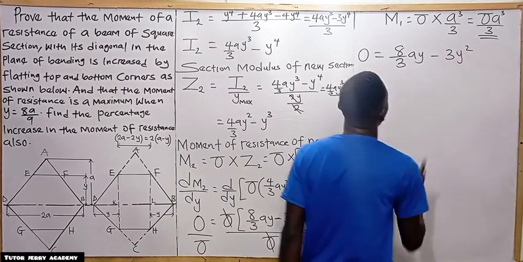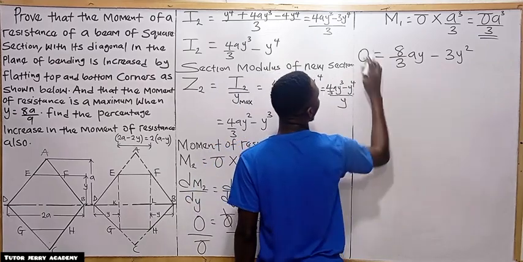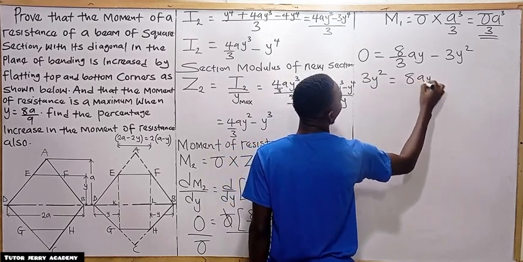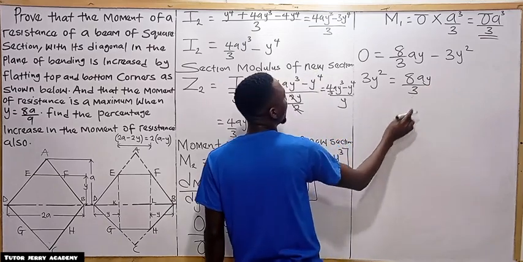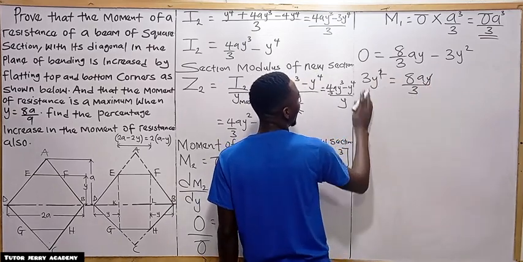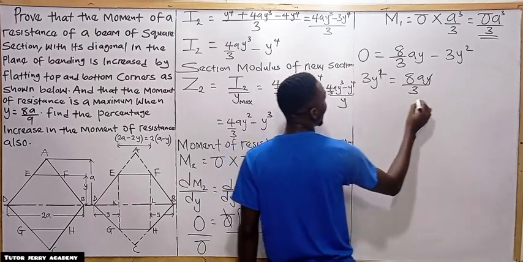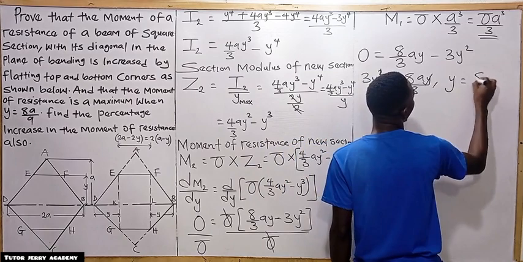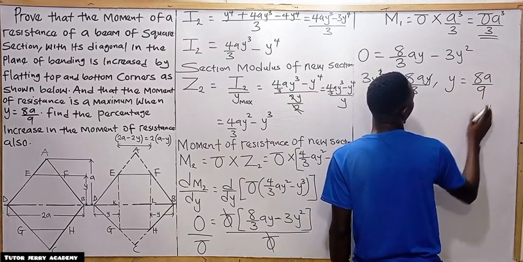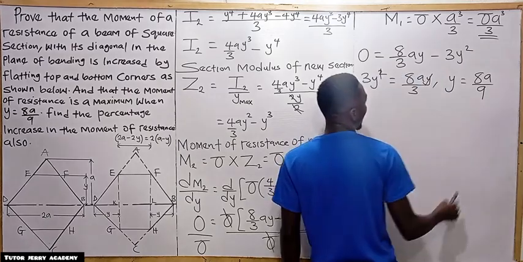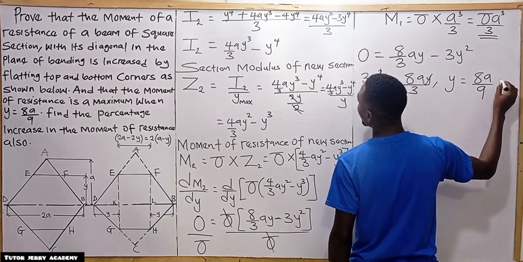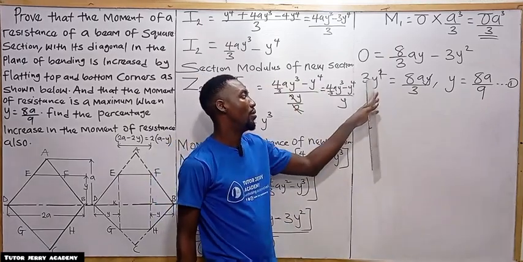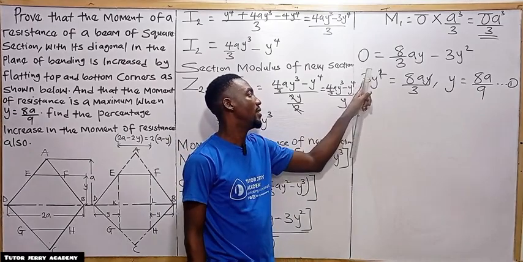All right, so we can bring in 3y squared here. I'm going to have 3y squared equal to 8ay all over 3, and we cancel out one y here. And this 3 will come back here. So we are going to have our y equal to 8a all over 9. So let's call this equation number 1. All right. I hope you understand. You cross multiply. 3 times 3 is 9.